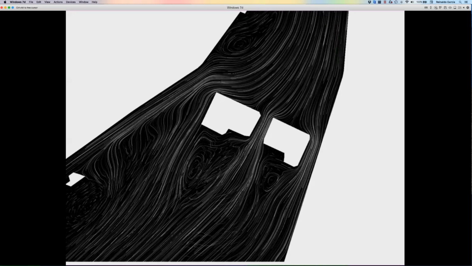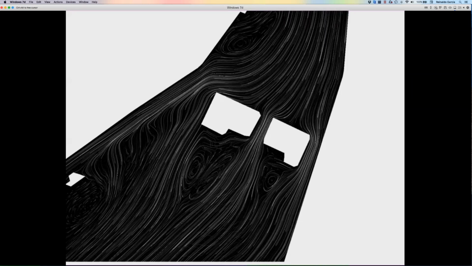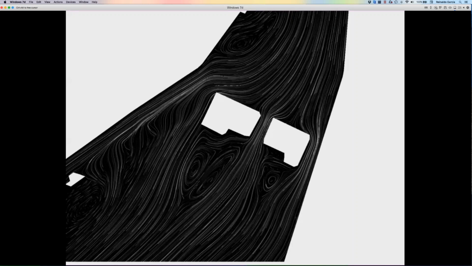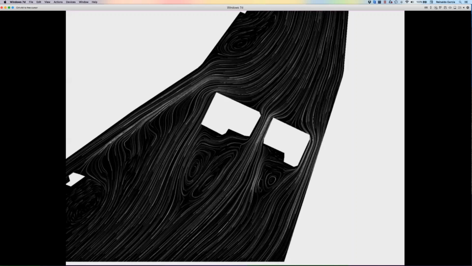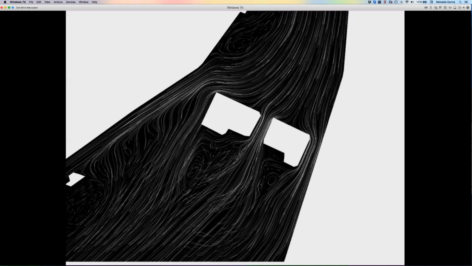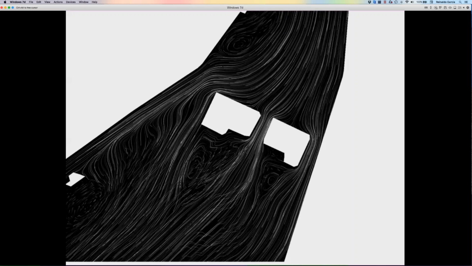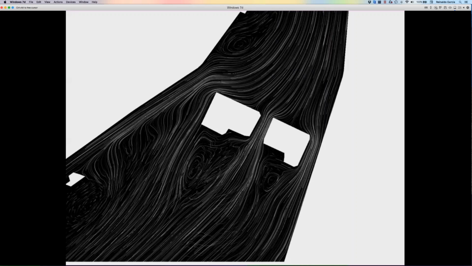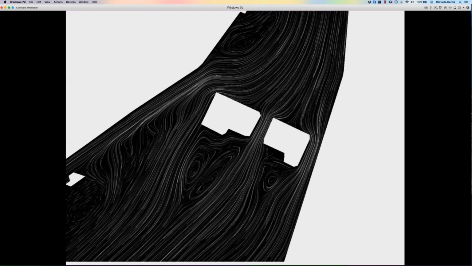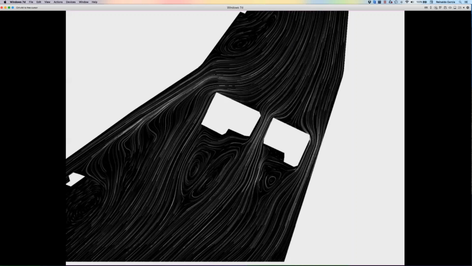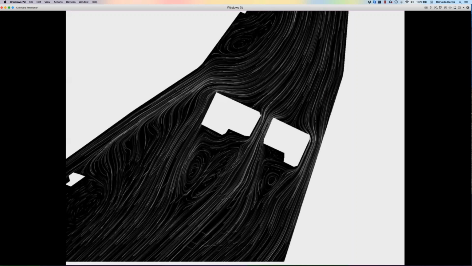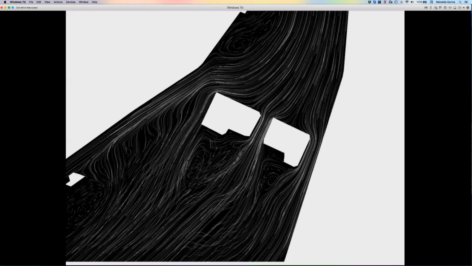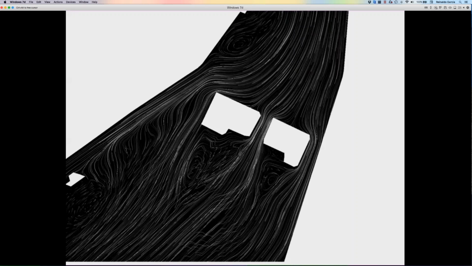So if you have buildings and things that obstruct the flow, as you can see here in this riverine environment, you have two houses that affect how the flow is occurring. So you can go to just the simple prediction of stages, but you can also get a lot of detail on how the model is predicting the velocities and velocity patterns in the area.